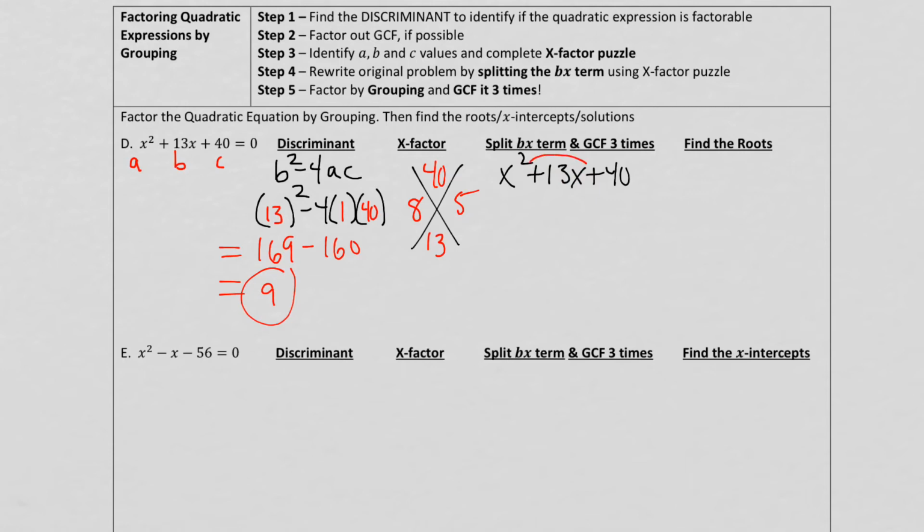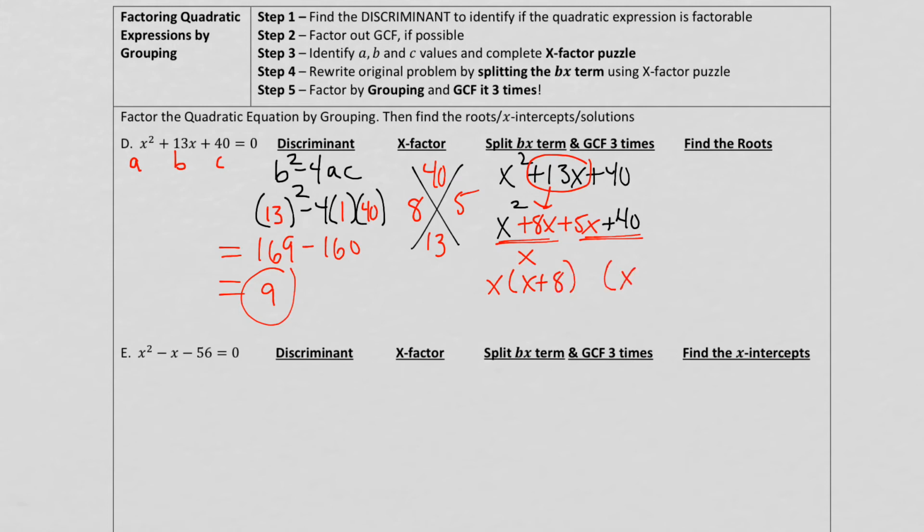So I can now separate this bx term as plus 8x plus 5x. And then I can go ahead and group. So here I'm going to group the first two terms and the second two terms. GCF of x.